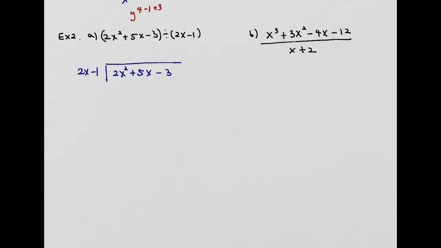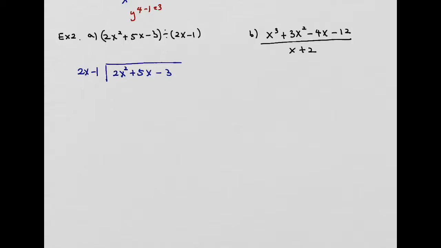If you have something like 3x cubed plus 1, then you have missing terms between. What's missing? x squared and x to the first exponent are missing between those two terms. In that case, we use the placeholders 0 times x squared and 0 times x to the first. But so far, we don't have that missing term.